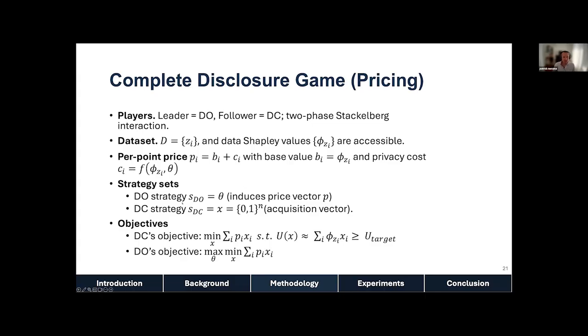And so the data consumer only has to decide what points to acquire, and of course, he wants to achieve his utility target. The data consumer wants to minimize his costs, and the data owner wants to maximize the minimum payoff he gets from the data consumer.